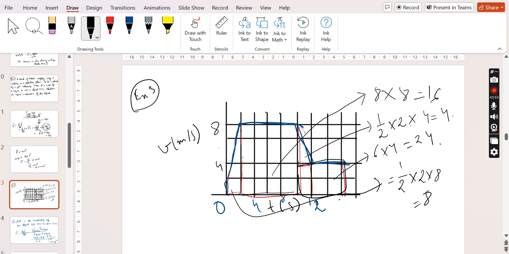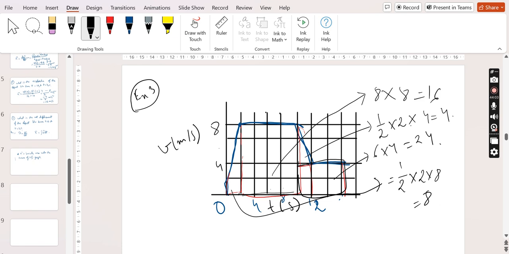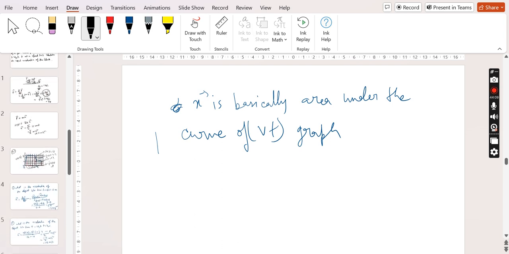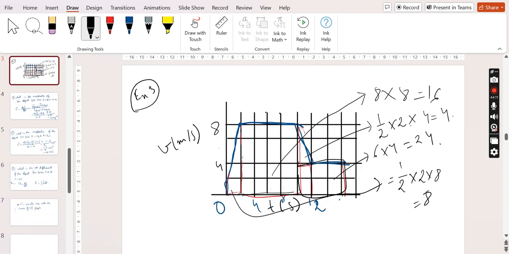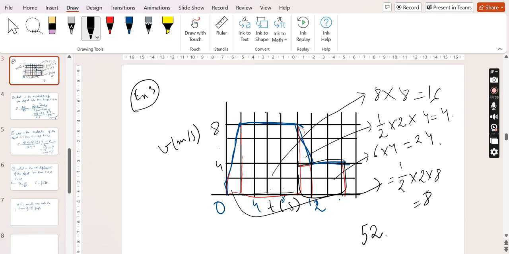Add these and that is the answer. Basically, 16 plus 4 plus 24 plus 8. It is 20, 20, 44, 44 plus 4 is 48, 52.